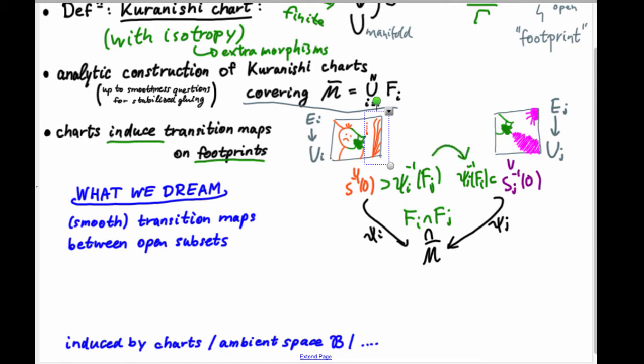So this map here is my psi i and then psi j inverse.